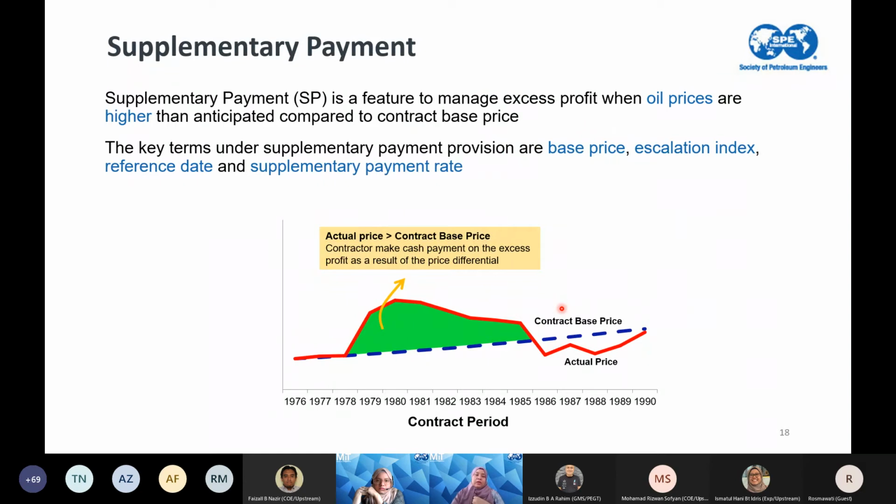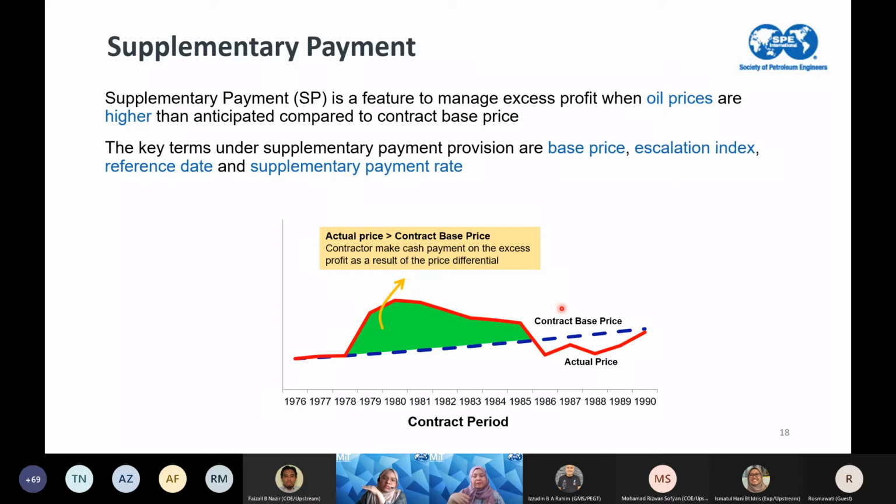One more thing that we cover, a typical term inside Malaysian PSCs, is a supplementary payment. Supplementary payment is a feature to manage excess profit due to oil prices. If you think about contracts signed in maybe the late 90s or early 2000s, oil prices then were like $20, $30.